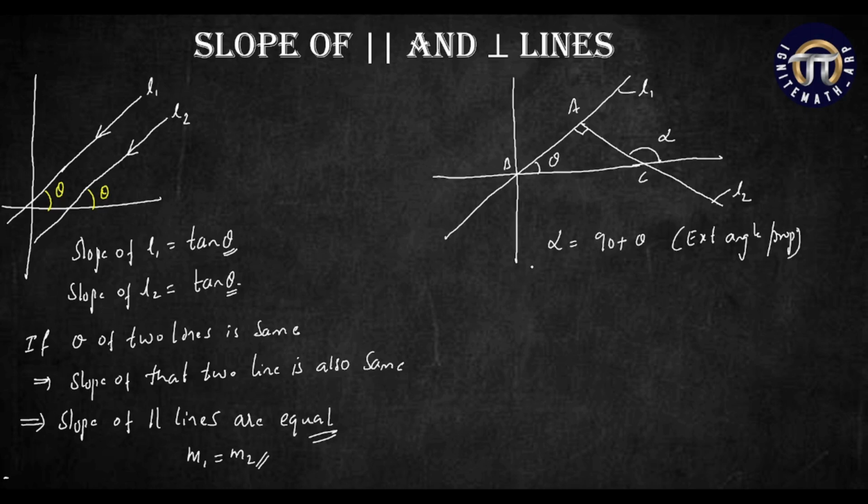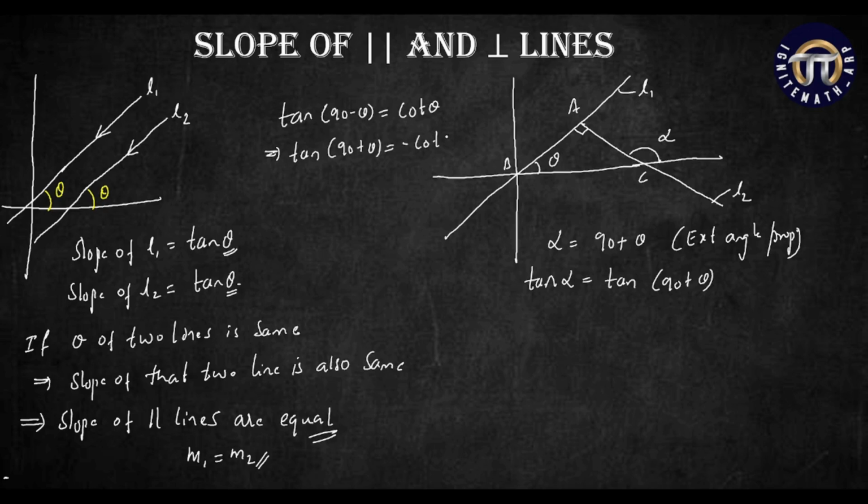If I take tan on both sides, tan alpha is equal to tan of 90 plus theta. You know, in the 9th standard, you learned about complementary angles. Tan of 90 minus theta is equal to cot theta. Similarly over here, tan of 90 plus theta can be written as minus cot theta.